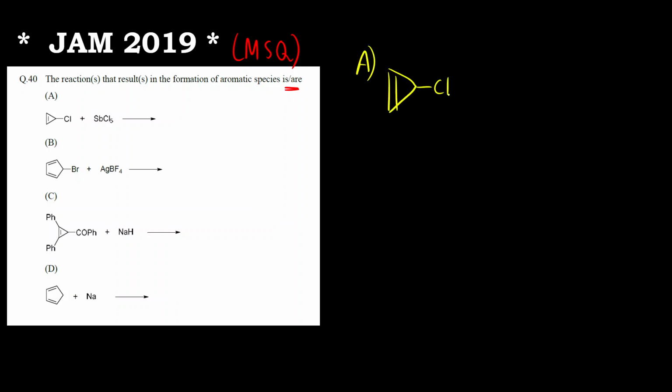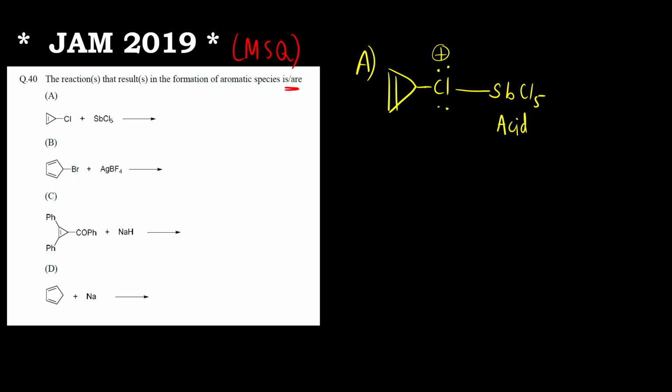This is a three-membered ring, Cl plus SbCl5. This is a Lewis acid, so it can accept the lone pair from this chlorine. Like this, we'll get something like this. It has donated a lone pair, so it will have a positive charge.